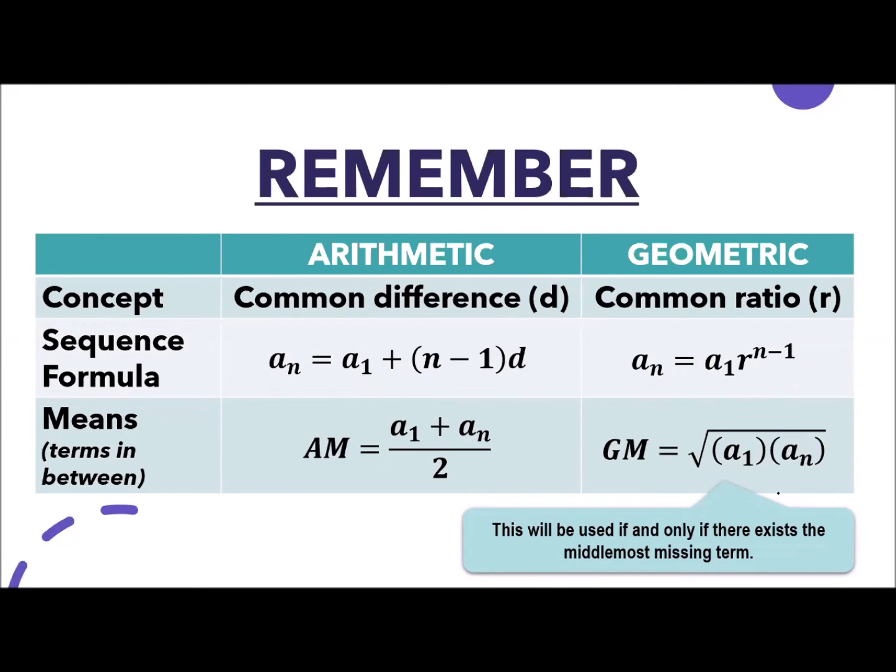So, GM is equal to the square root of a sub 1 times a sub n. So, yung a sub 1 ay first term at ang a sub n ay last term. So, we're just going to get the product and then get the square root. Okay? So, wag malilito. Gagamitin lamang yan pag merong gitnang gitna. Katulad ng ginagawa natin sa arithmetic sequence.